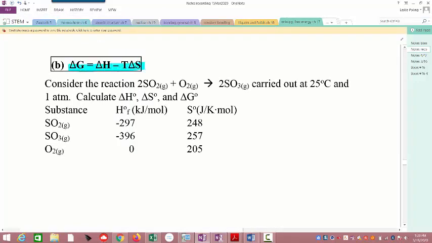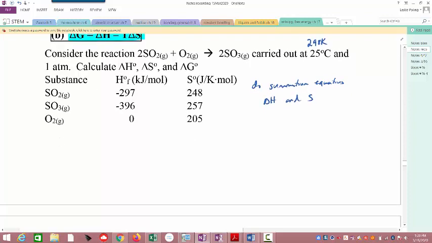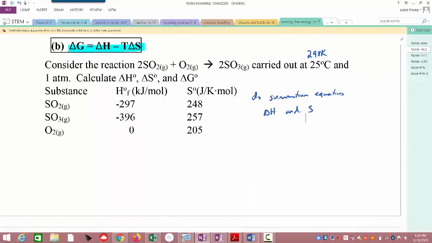Okay. So we have our 25 degrees Celsius, which we've got to use in Kelvin. So we have to do the summation equations for the delta H and the S. So remember, it is always products minus reactants.